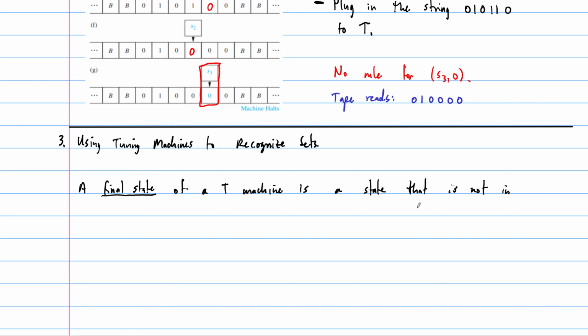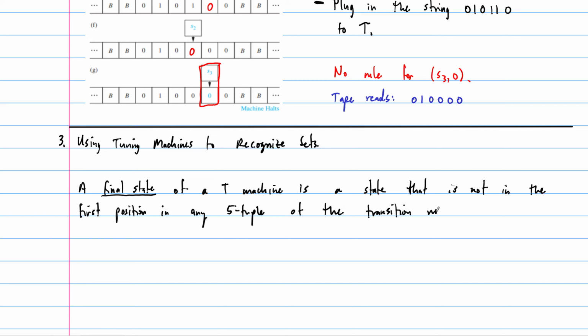So it's a state that is not in the first position in any 5-tuple of the transition rules.